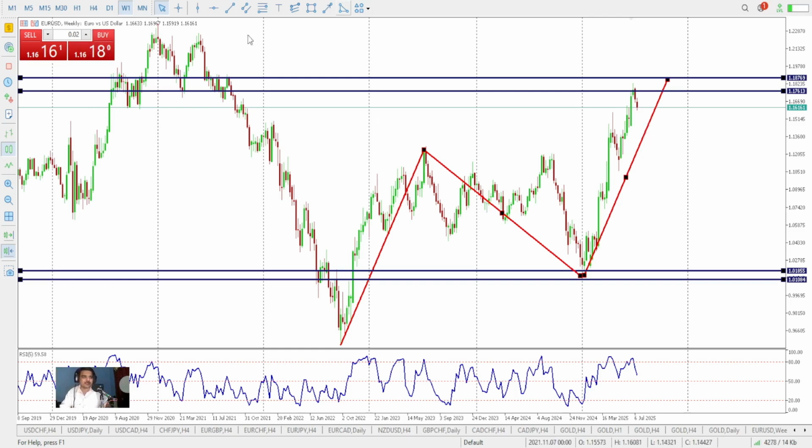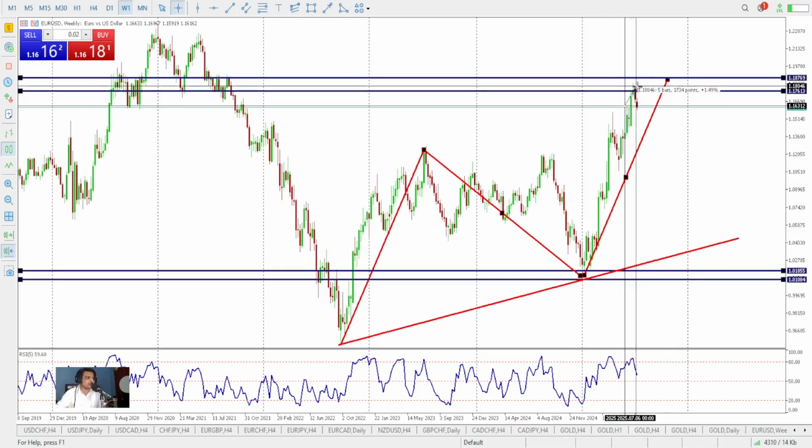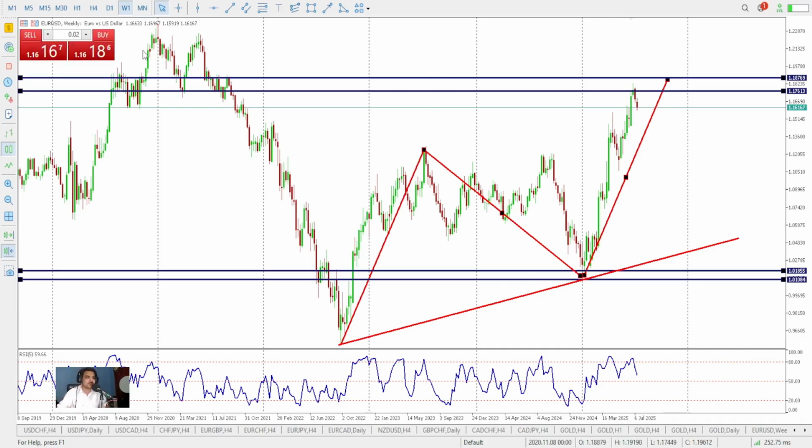No doubt Euro US dollar is on a fantastic bullish rally on the higher time frames, but it doesn't mean a weekly trader will be looking for buying opportunities right here. Keeping this resistance in mind, as long as Euro US dollar is trading below 1.18769 and 1.17613 from the weekly time frame, it will be suggesting a bearish opportunity on the lower time frame.